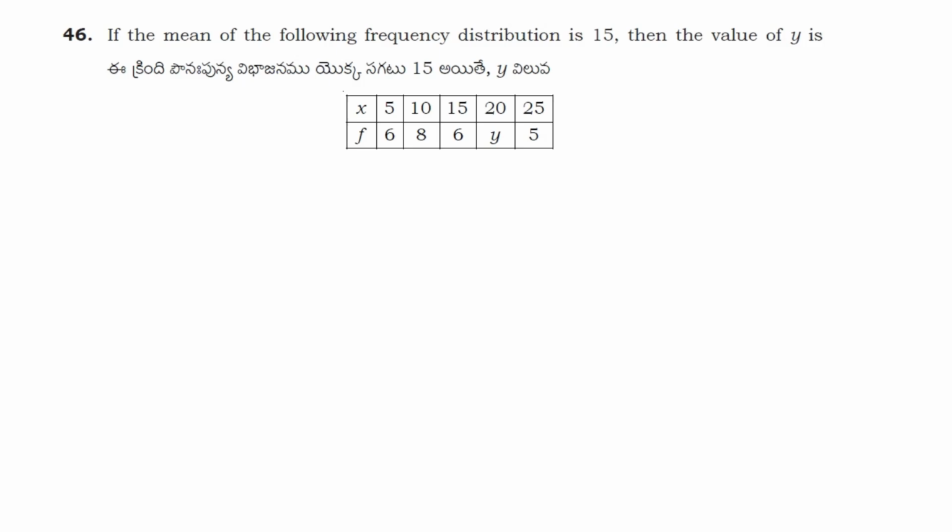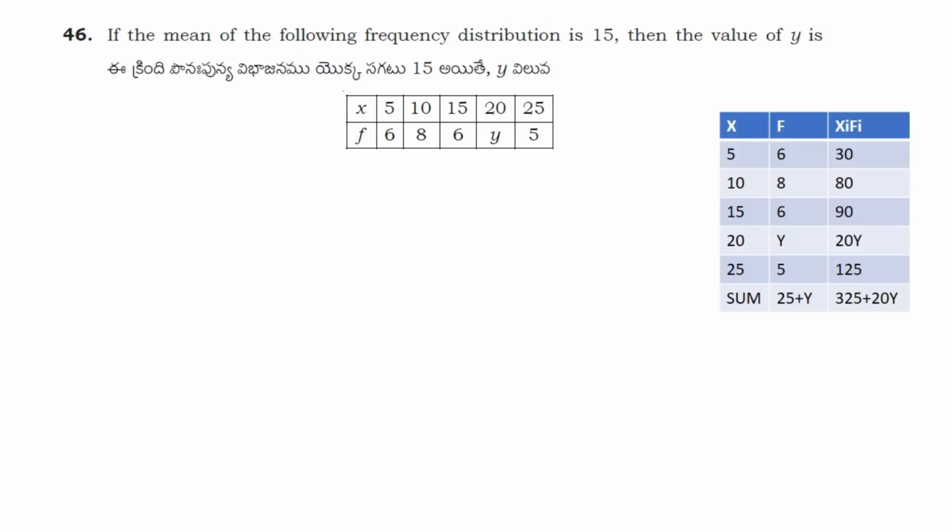Next question. If the mean of the following frequency distribution is 15, then the value of y is. So he gave a table, right? So we need to convert it into a frequency distribution table like here.